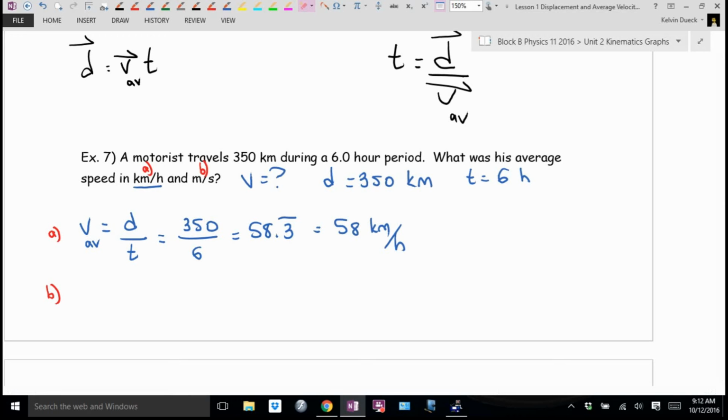I'm going to write down what they gave me, which was 58.3 repeating kilometers per hour. This is a review of what you had on your test. But this particular unit conversion occurs so often, we're going to come up with a shortcut, and we're going to add it to our green formula sheet.